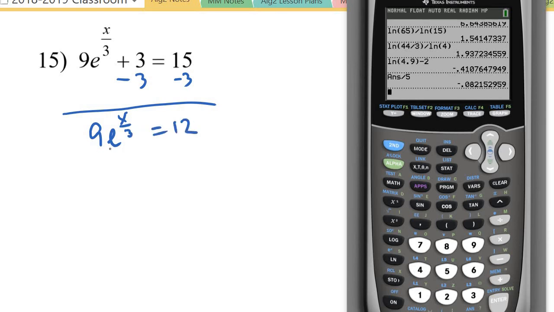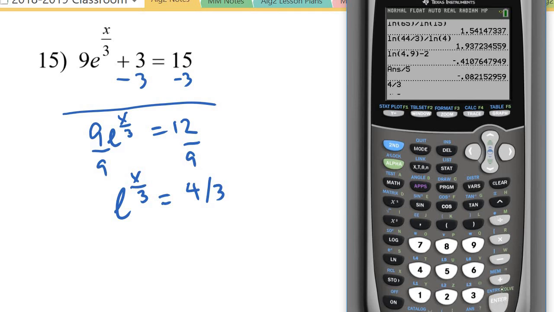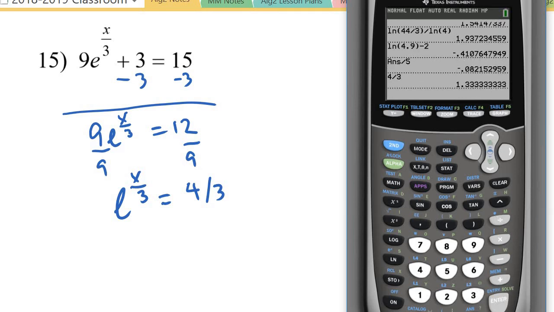And now we divide by 9, and then you have e to the power of x over 3 equals, I can simplify this to be 4 over 3. I'll keep it that way because if I try to divide 4 over 3, it's going to give me some repeating decimal. I can't use all of them, so I better keep it as a fraction until the very, very end.